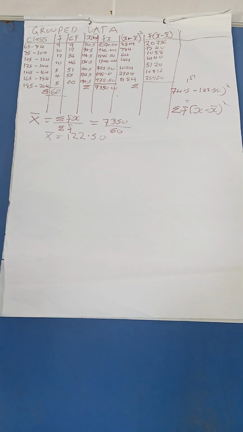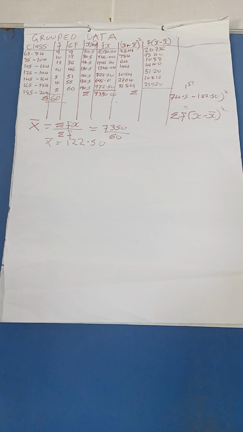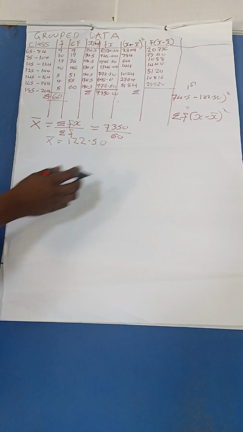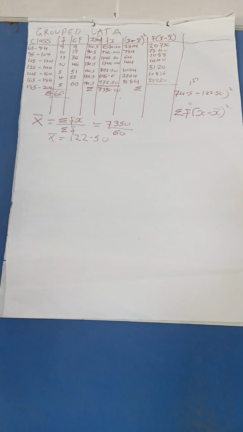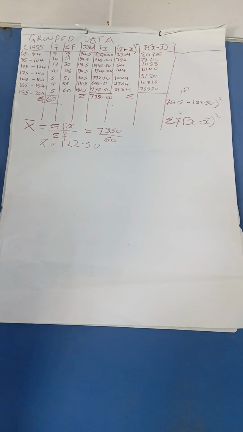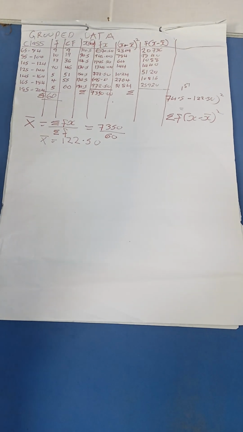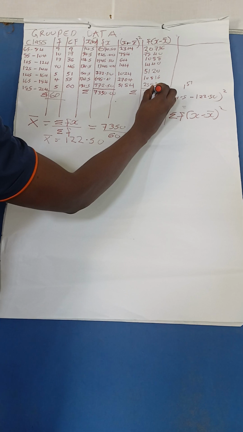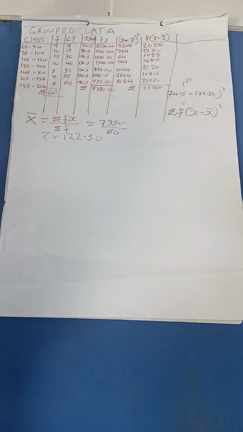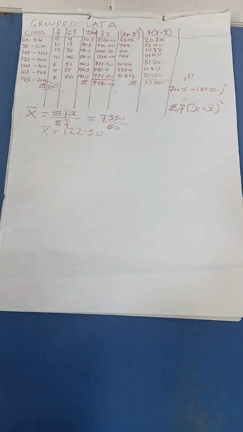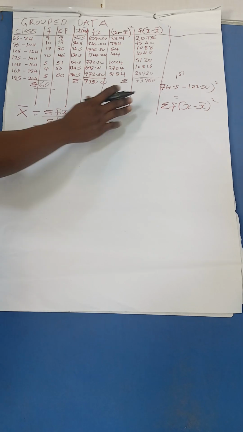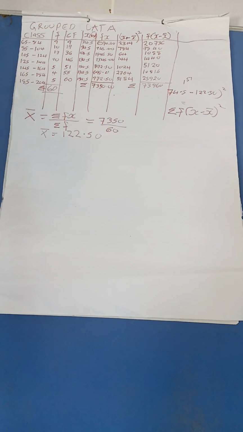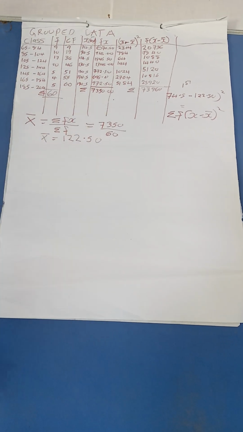If you add that using your calculator, I think you'll have 73,960. Good. Now we have the total summation of the last column, the total summation of f, and the total summation of fx.